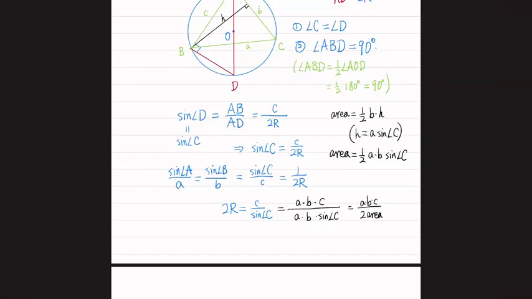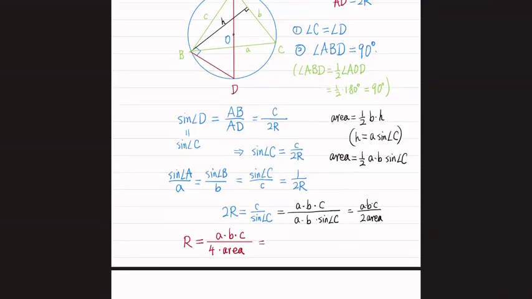So the formula for R, divided both by 2, is ABC over 4 times the area. Then we use our Heron's formula for the area. We get this.